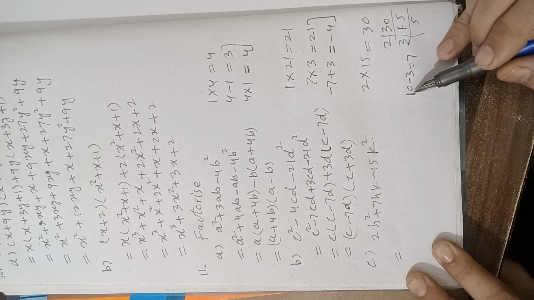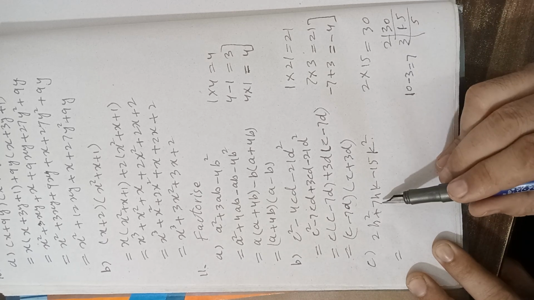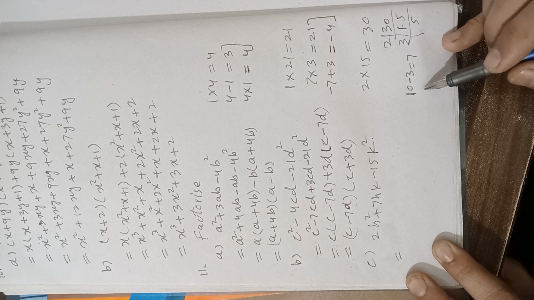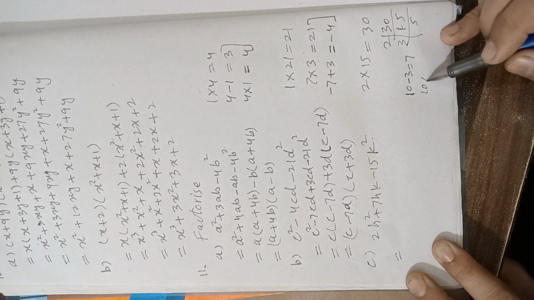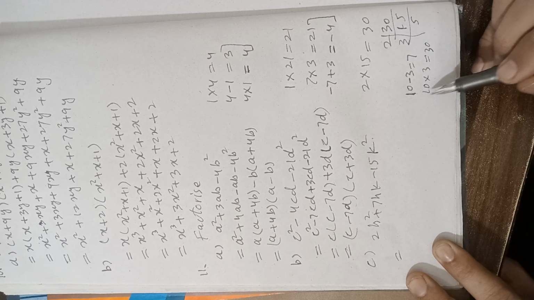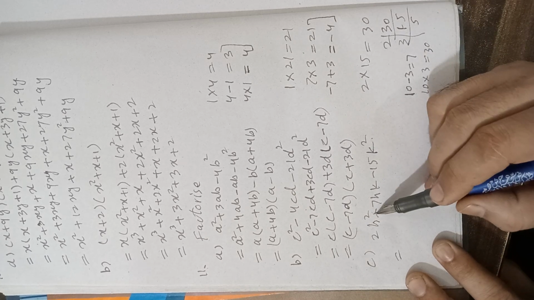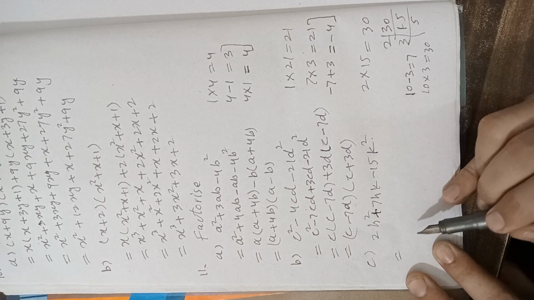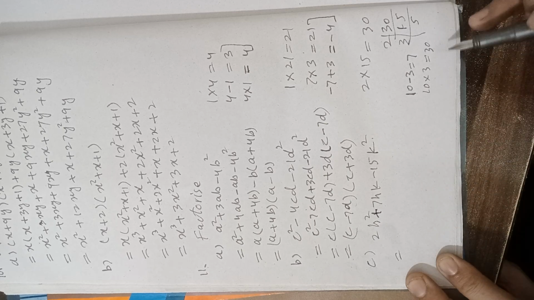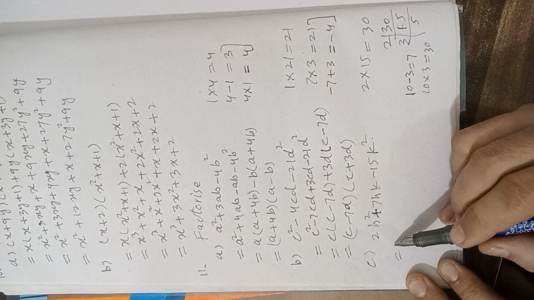And if you subtract 3 from 10, the answer is 7, that is this. So you can see that when you are multiplying 10 and 3, the answer is 30, and when you are subtracting 10 and 3, the answer is 7. Both the conditions are again true. So you can have this pair as your factor pair.